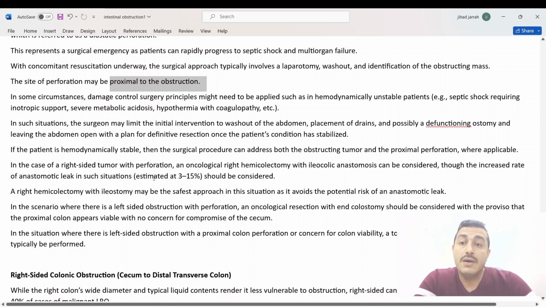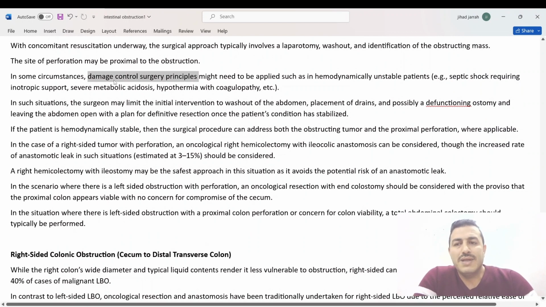obstruction. In some circumstances, we may proceed to damage control surgery principles when the patient is hemodynamically unstable. For example, the patient is in shock, with severe metabolic acidosis. What does damage control surgery mean? That means we limit the initial intervention.